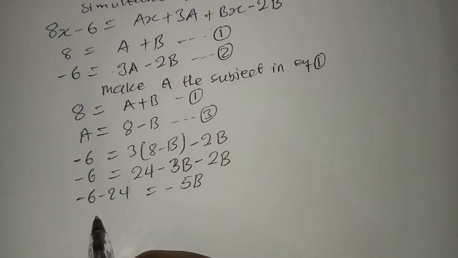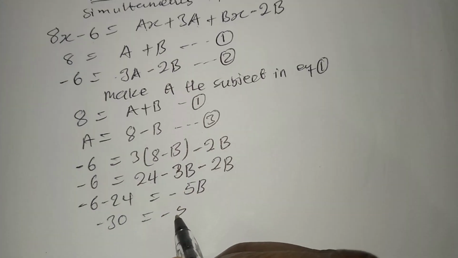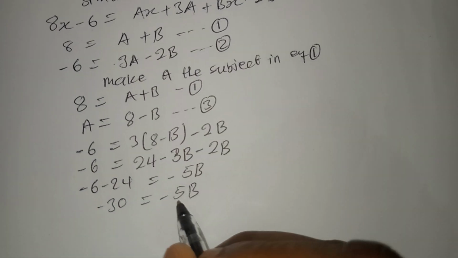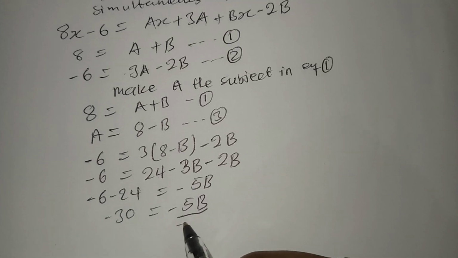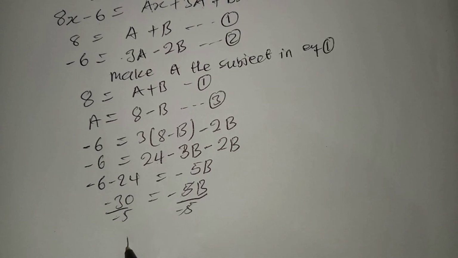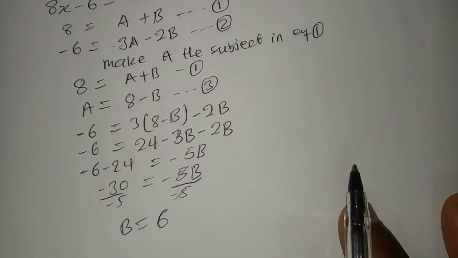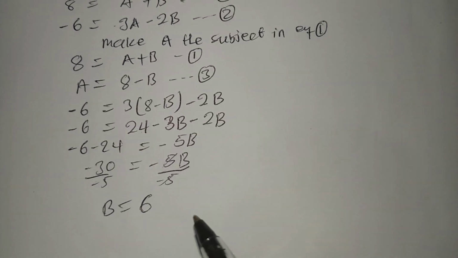This gives us negative 30 equal to negative 5B. Making B the subject by dividing through by negative 5, we have B equal to 6.